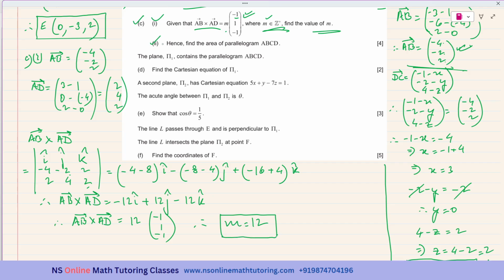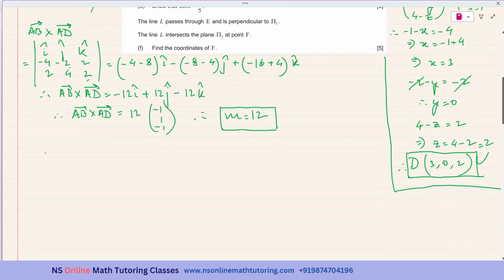Hence find the area of the parallelogram ABCD. So, the area of parallelogram ABCD should be the magnitude of this vector product.